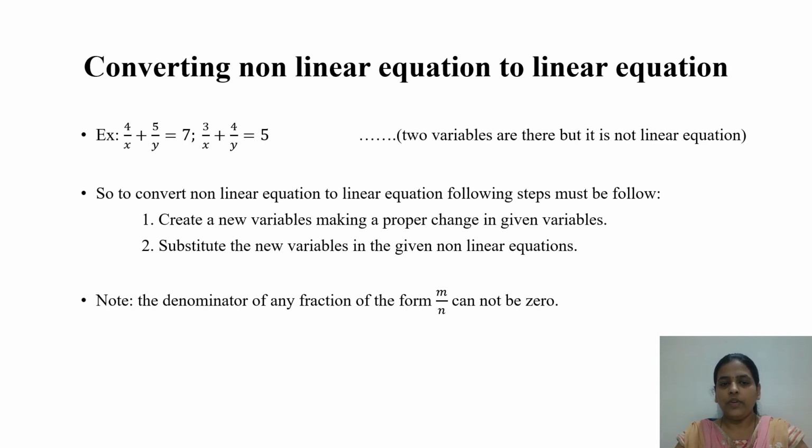That is infinity. So remember that the denominator of any fraction of the form m upon n cannot be 0. So to convert a non-linear equation to a linear equation, and then solve the linear equation, all these steps we will understand with the help of an example.